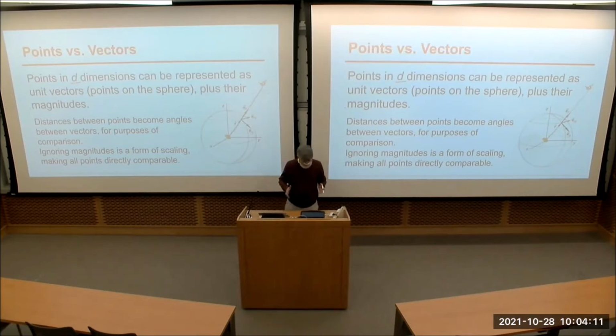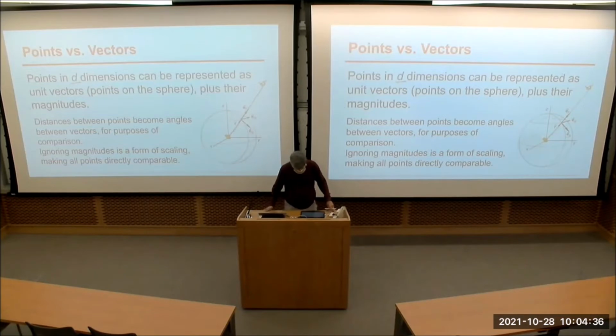One thing, normalizing data points, can be thought about like reducing everything to a unit vector. Sometimes that's a useful form of normalization. And one reason it's useful is because it turns distance comparisons into angles.